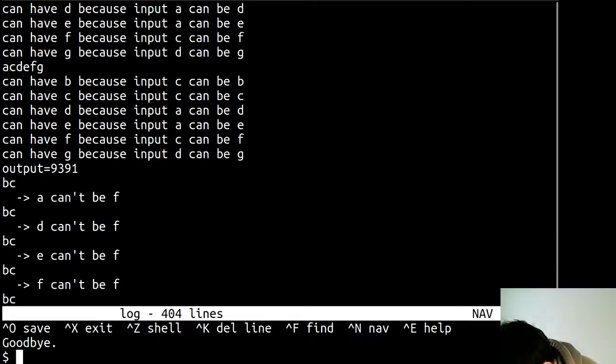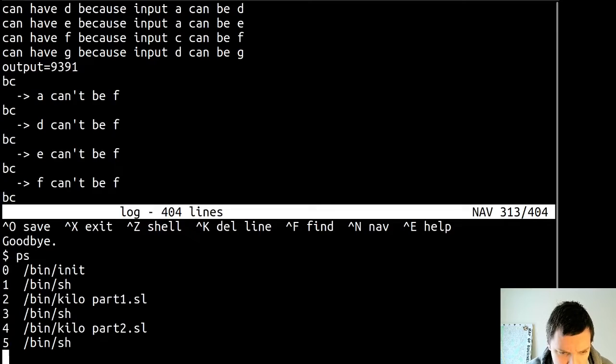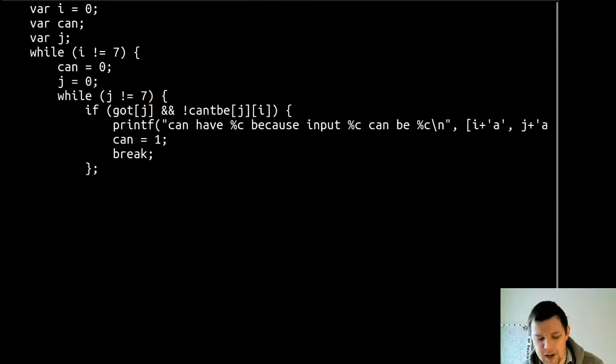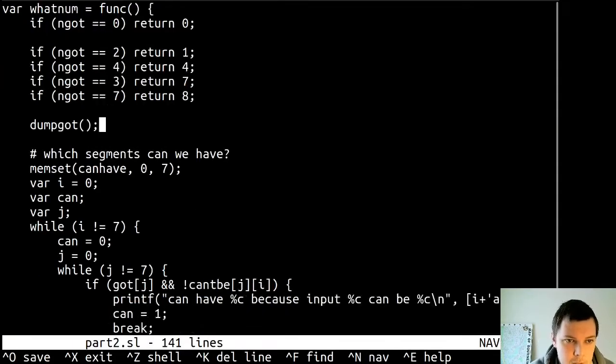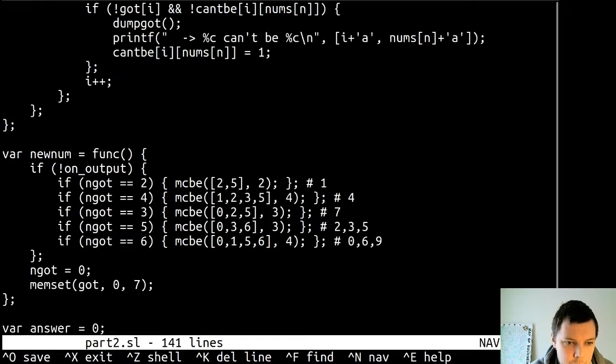And the other thing was, I worked out that where we call MCBE, that's predicated on output. But it shouldn't be, because the same rules apply whether we're on output or not.